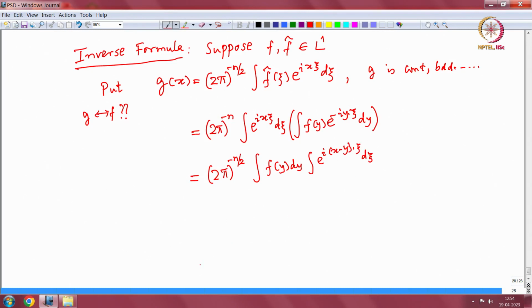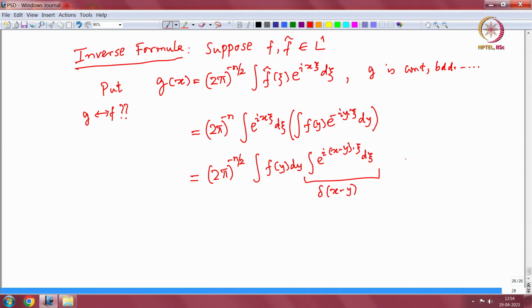As of now we cannot make any sense out of this, but as we develop the new theory of distributions and tempered distributions, indeed we can give a meaning to this along with this factor, as again the Dirac delta function comes into play.